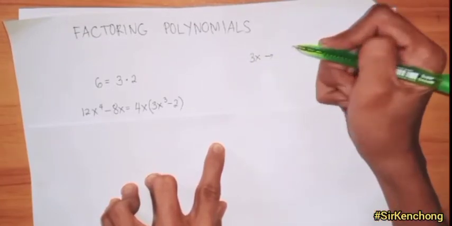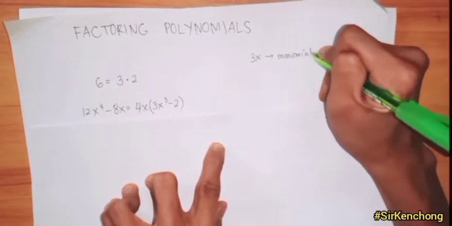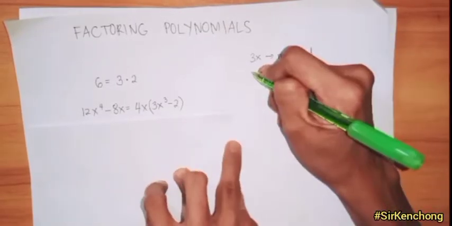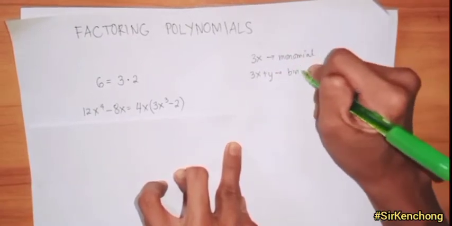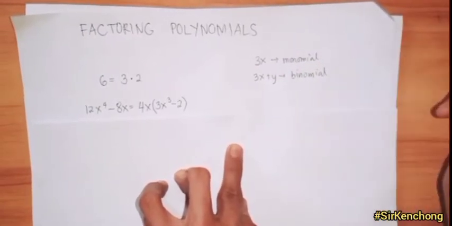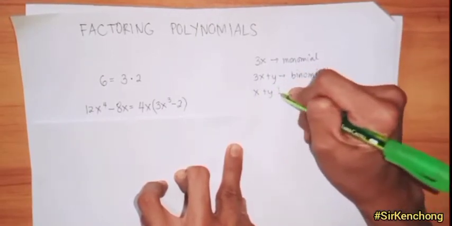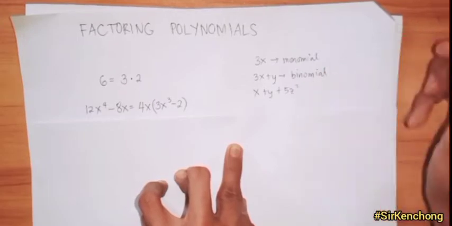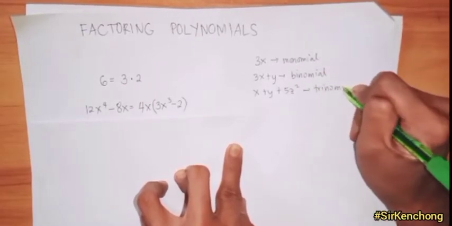Ito ay isang monomial kasi iisang term lamang. Kapag meron na tayong dalawang terms just like 3x plus y, we call it a binomial. And if we have 3 terms naman, x plus y plus 5z squared, we call this a trinomial.